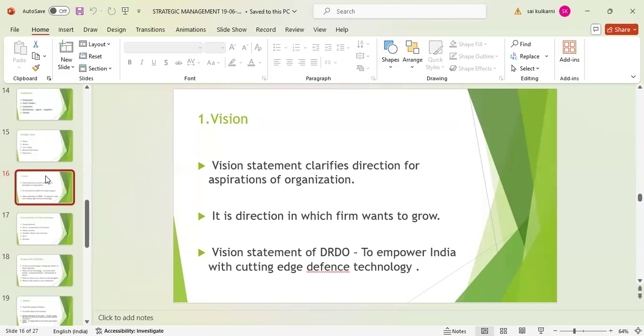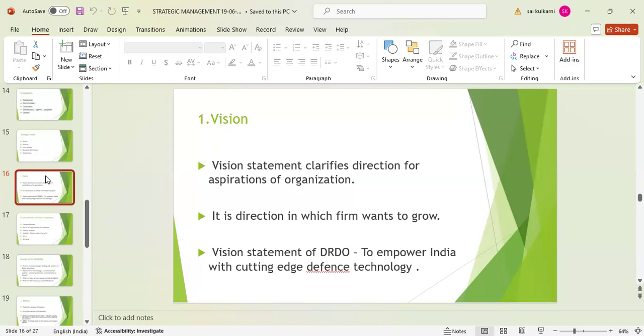Simply, the aim of the organization can be defined in the vision statement. It is also the direction in which the firm wants to grow. In future, what the firm wants to do, which dream the firm wants to catch, can be clarified in the vision statement. See, here is one vision statement given.